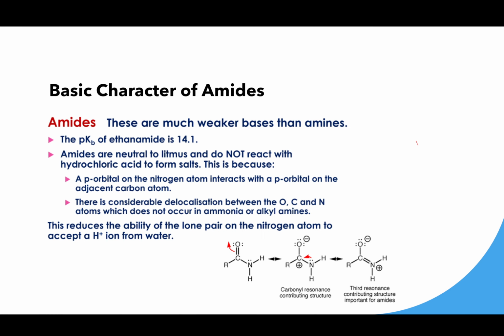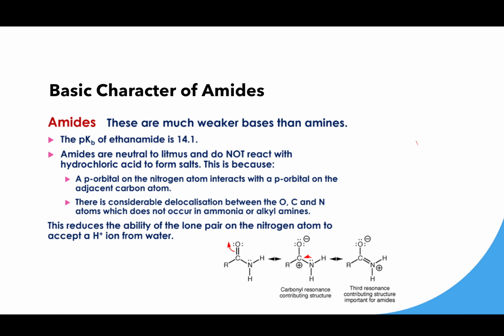A p orbital on the nitrogen atom interacts with the p orbital on the adjacent carbon atom. There is a considerable delocalization between the oxygen, carbon, and nitrogen atoms, which does not occur in ammonia or alkyl amines. This reduces the ability of the lone pair on the nitrogen atom to accept the proton from the water.